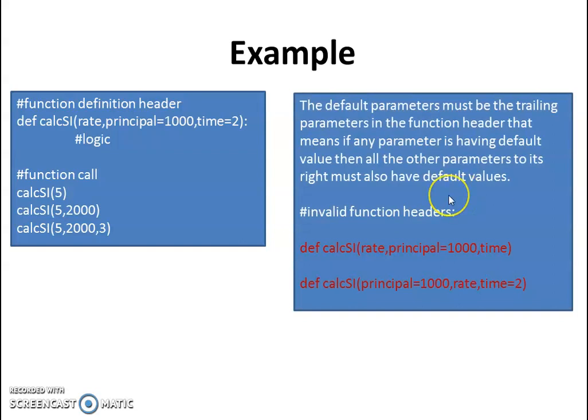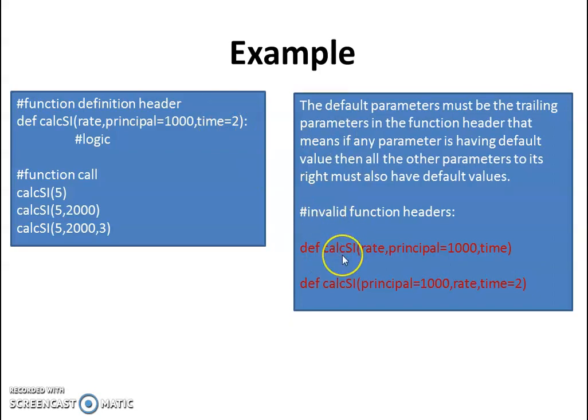One thing we need to notice here is that default parameters must be the trailing parameters in the function header. That means if any parameter has a default value, then all the other parameters to its right must also have default values. As in this case, if principal is a default parameter, all other parameters on its right side must hold default values.